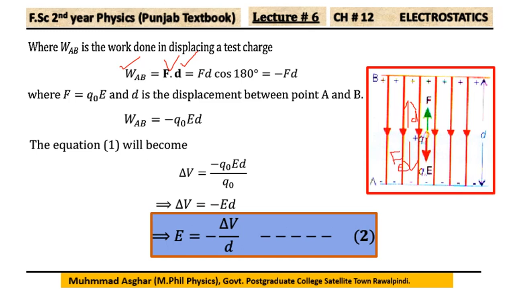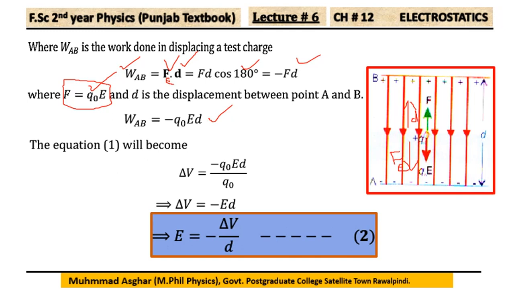So we can write this force as electric force, Fe, and angle between them is 180, so we get minus Fd. Now using the value of force, which can be found by the definition of electric field intensity, and putting this value in the above equation, we get minus Q naught Ed.